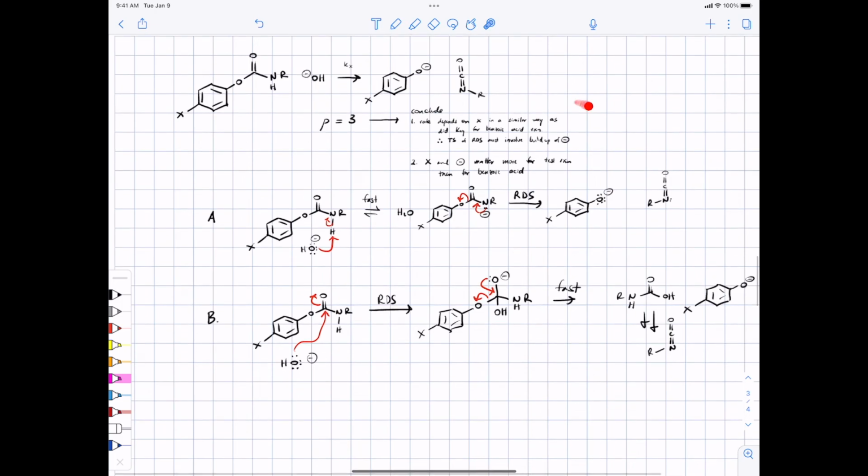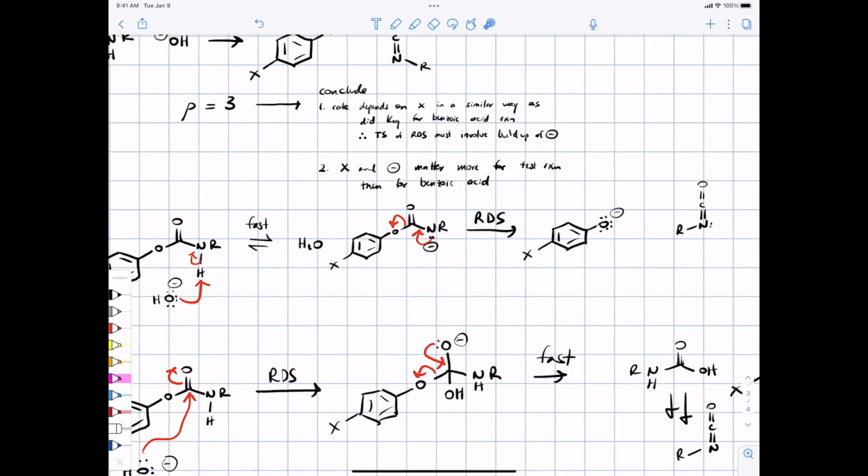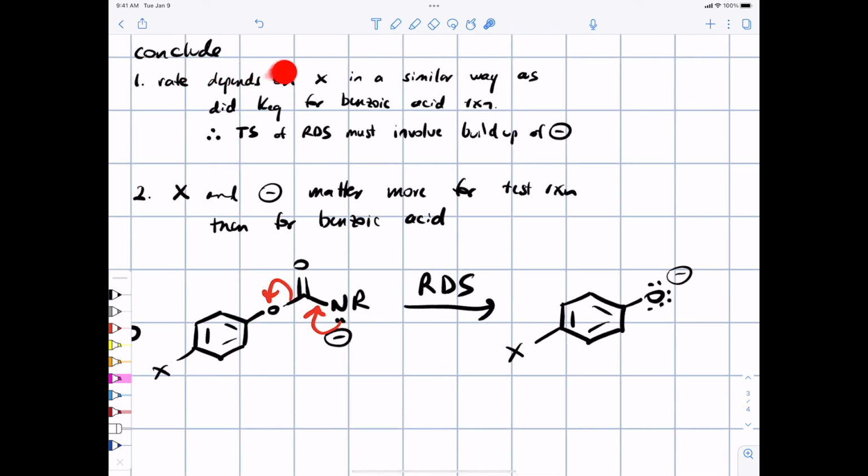So let's look at both of our conclusions from the data and see which of those match which mechanistic hypothesis, if not both. First, the fact that rho is positive means the rate of this reaction depends on X in a similar way as did the equilibrium constant for benzoic acid. That is, the transition state should involve buildup of negative charge.